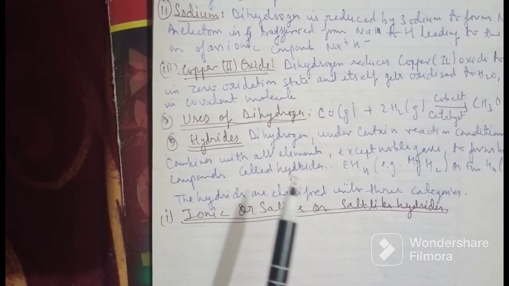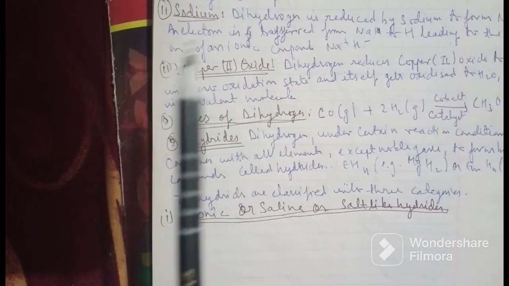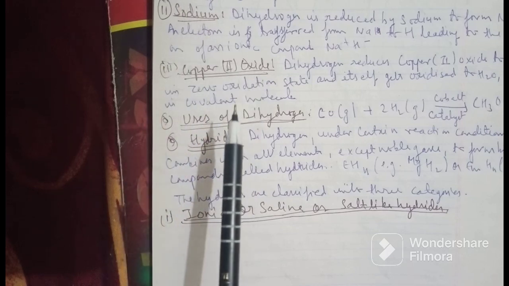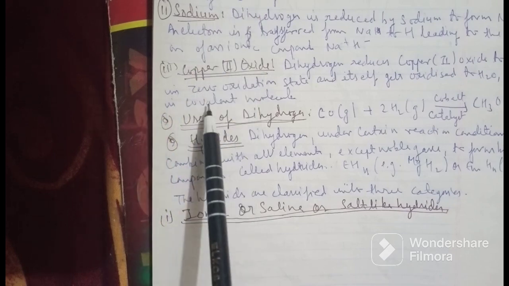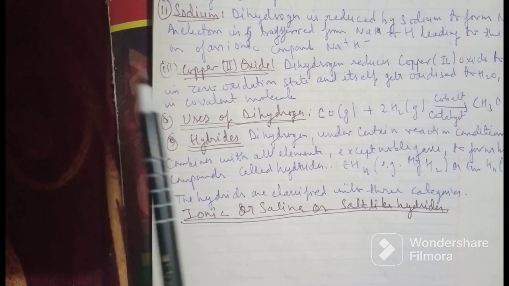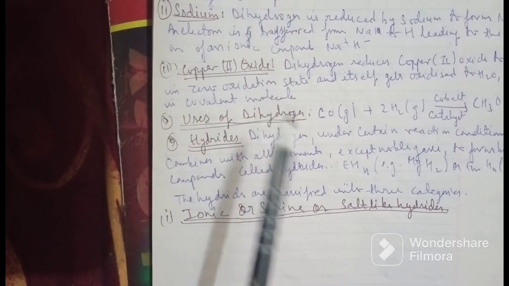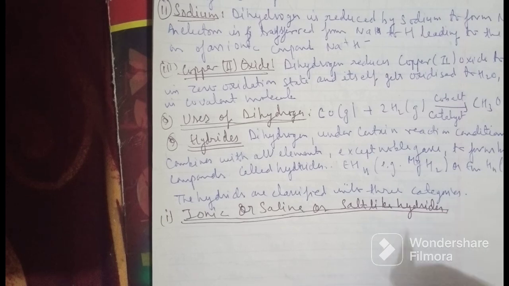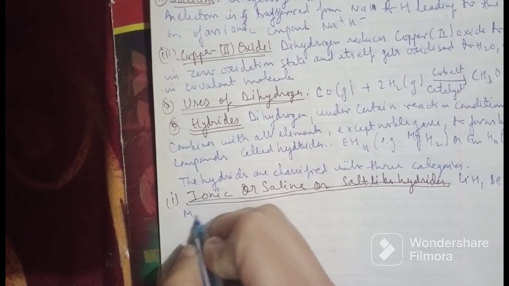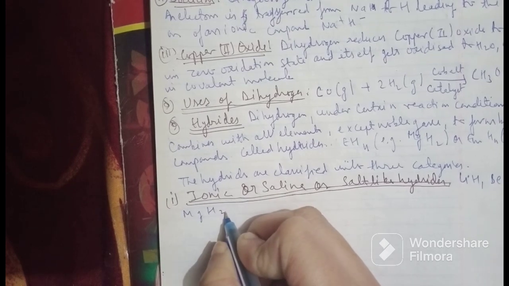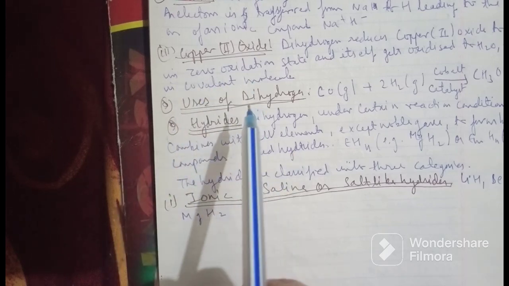These are the stoichiometric compounds of dihydrogen that are formed with most of the s-block elements, which are highly electropositive in character. However, the significant covalent character is found in the lighter metal hydrides such as LiH, BeH2, MgH2. In fact, BeH2 and MgH2 have polymeric structures.